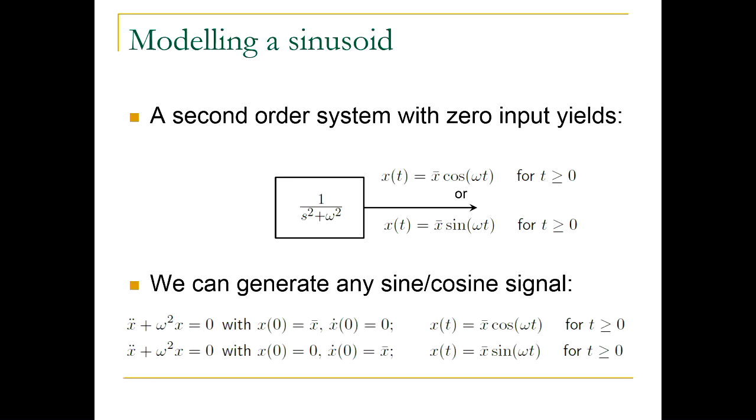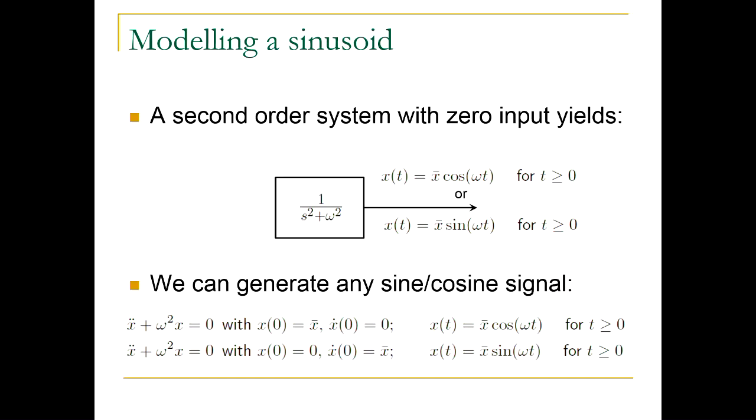But I set the input to 0, then I get this differential equation. If I integrate this differential equation with different values of initial conditions, I can generate cosine or sine signals, also with different phases. Depending on initialization, I can generate different sines and cosines of different amplitudes, but the same frequency.